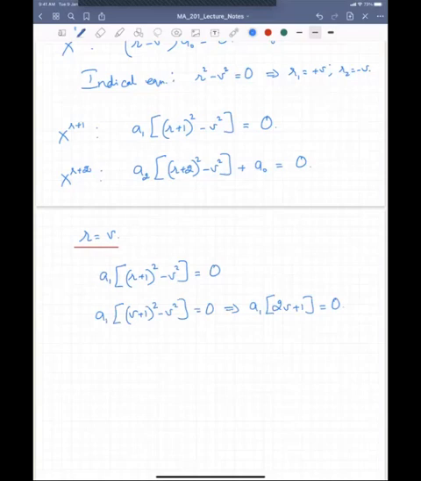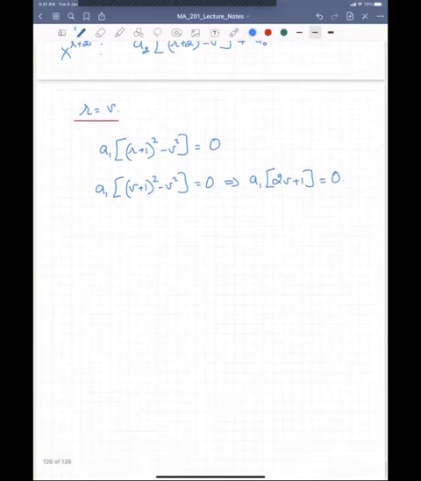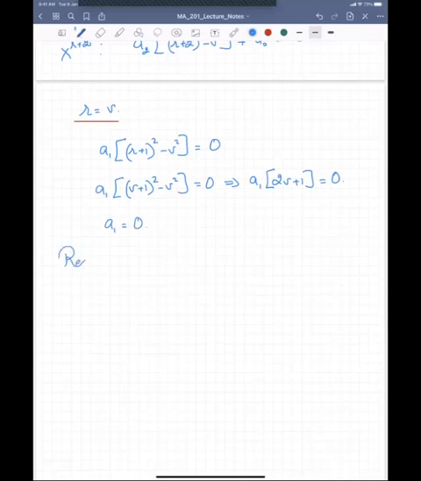The only way this can be 0 is A1 equal to 0 or nu equals minus half. But I have already told you that I want to keep nu completely arbitrary for now, right? So we're not going to specialize to any particular value of nu. Nu could be anything that you give me. So since I don't want to impose any restrictions on nu in general, the only way this can be 0 is if A1 equal to 0. So let's keep this in mind and then move on to the recursion relation. So we want to now look at the recursion relation.